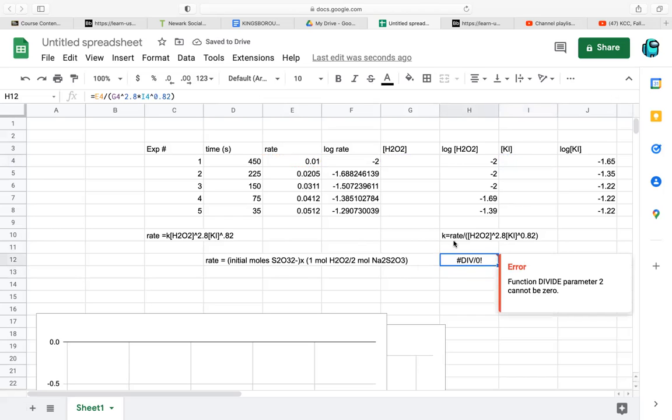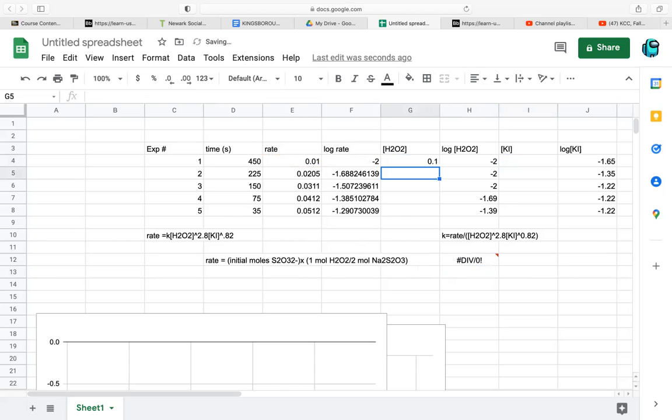Now it says divided by 0 because there's no numbers there, right? So I'll put in some numbers. Okay, so it's getting a little bit better. I'm just making numbers up.